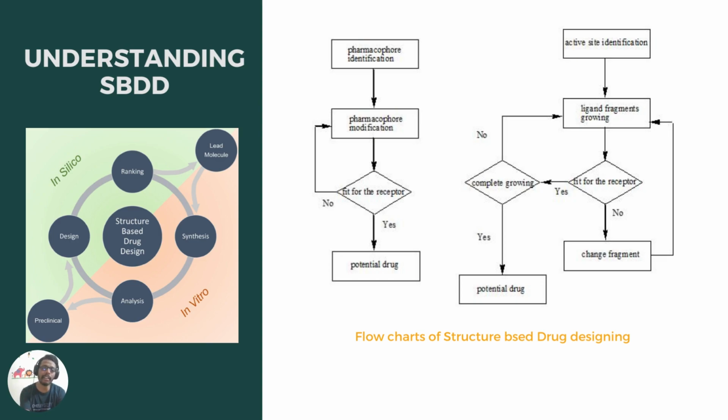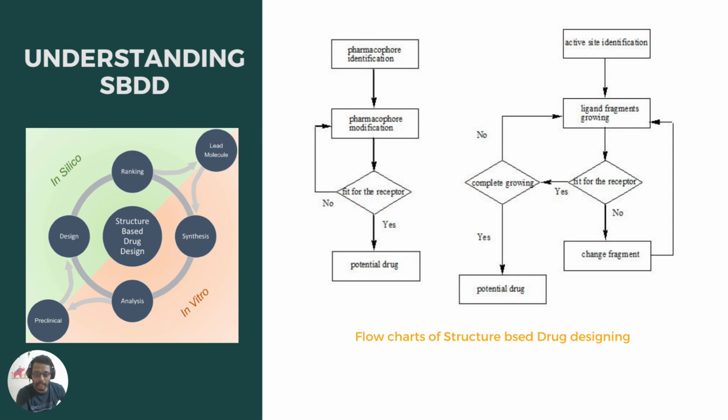From these, a few lead molecules we try to synthesize in the laboratory. Once we synthesize these chemical molecules, they are analyzed for their structures, their binding activities, and their chemical properties, and again they enter the preclinical stage where they will be tested. From this, one or two compounds are finally identified which enter the clinical trial mode. So all these steps are done based on structure based drug design only.